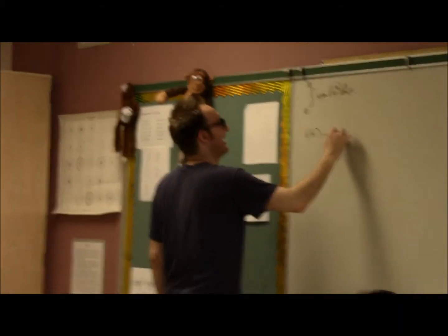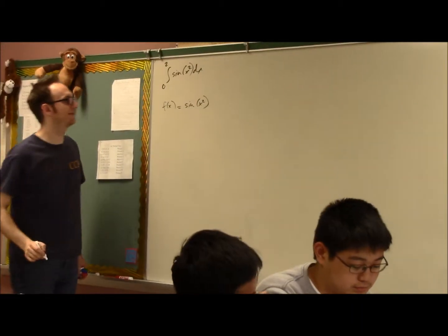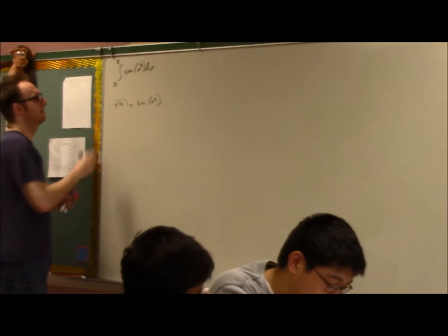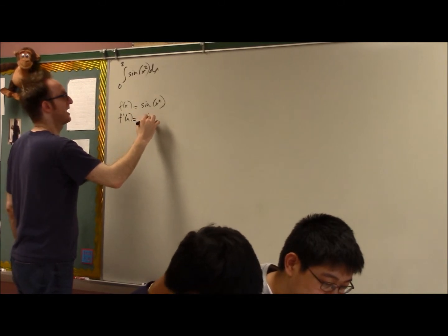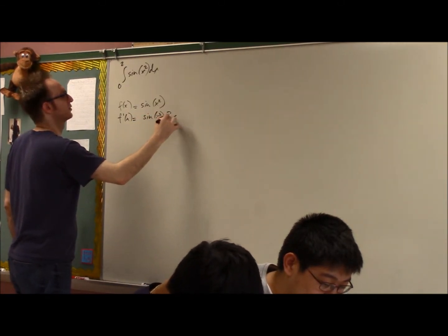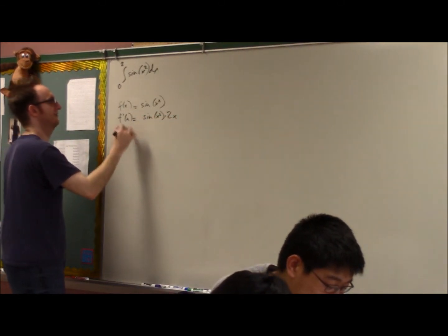Let's just look at this function. If f(x) is sine of x squared, then we can take the derivative. If you take the derivative, you get cosine of x squared times 2x. Now I have to take the second derivative.